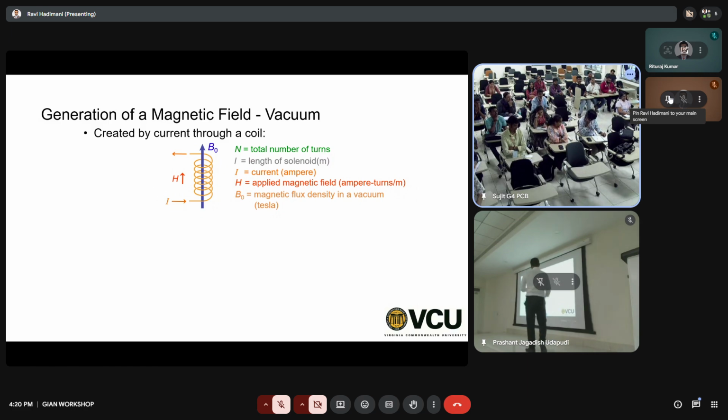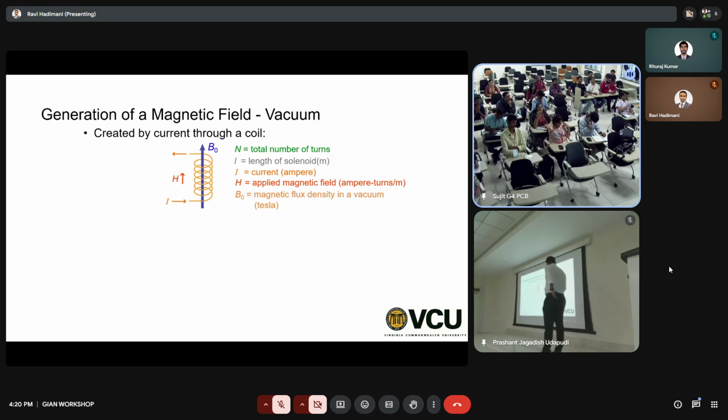Now let's look at how to generate a magnetic field. We know charge in motion generates a magnetic field, so the important parameter determining the magnetic field is the current. But if the current just goes in one wire, it's not the most efficient way to generate a magnetic field. So you increase the length of the wire by making it several rounds.